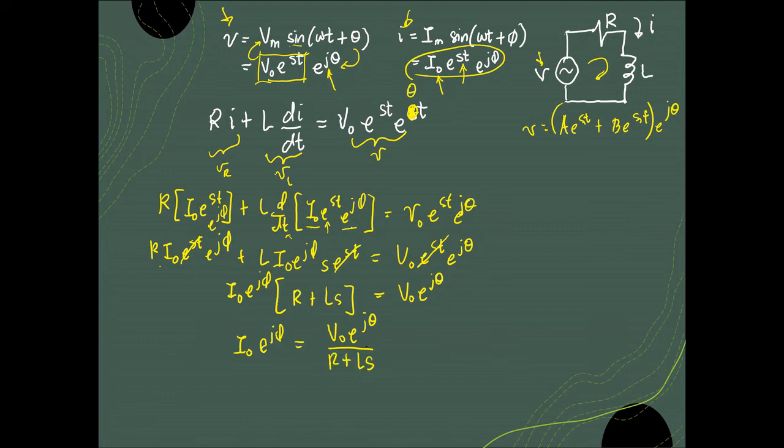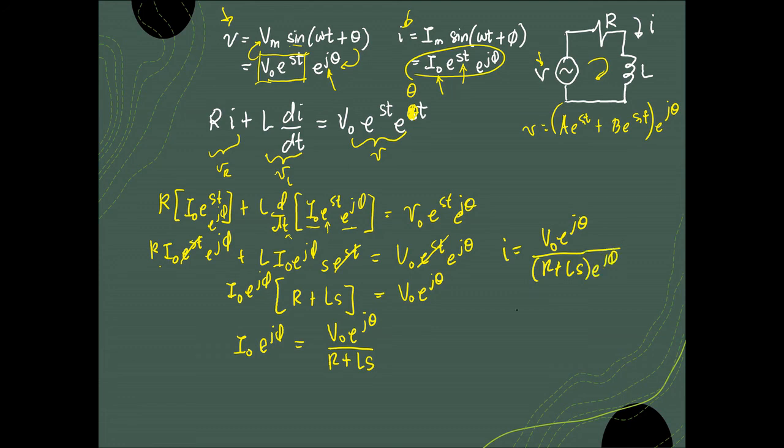So your final answer should be I of t. You have V0 e to the j theta over R plus Ls, and you have e to the, sorry, should be e to the j.